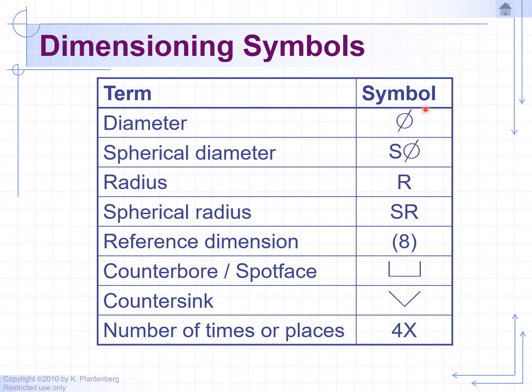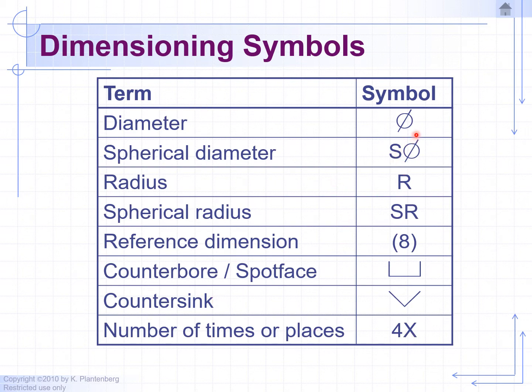Nowadays, we're using more symbols, not only here in America, but internationally. The standards are using more and more symbols to avoid using words. So if somebody overseas is looking at your drawing and speaks a different language, it's easier for them to recognize symbols than to try and translate the words.